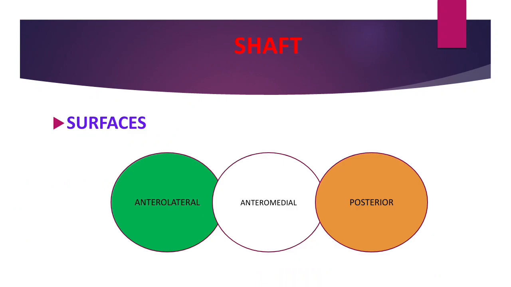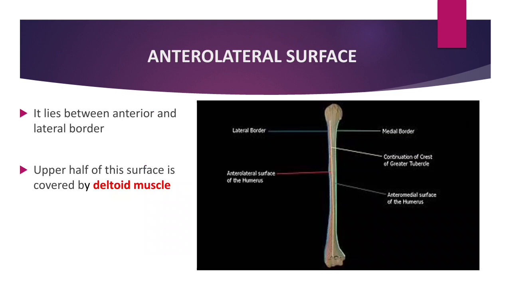Coming to the surfaces of shaft: anterolateral, anteromedial, posterior surfaces. Coming to the first surface, that is anterolateral surface, as the name suggests, it lies between anterior and lateral border, whose upper half is covered by deltoid muscle.